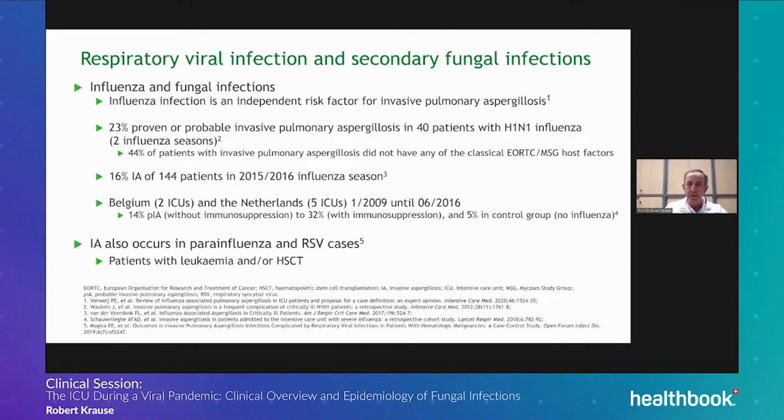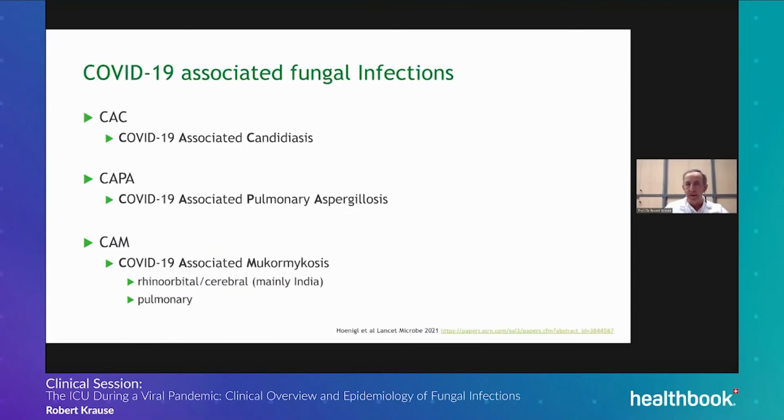But it's not only influenza. As we know, there are also other viral infections that are associated with fungal infections. This was shown by some studies and cases from the US, where parainfluenza and RSV cases were associated with invasive aspergillosis. And then came the COVID-19 pandemic, and we learned that there were at least 3 different entities of viral-associated fungal infections.